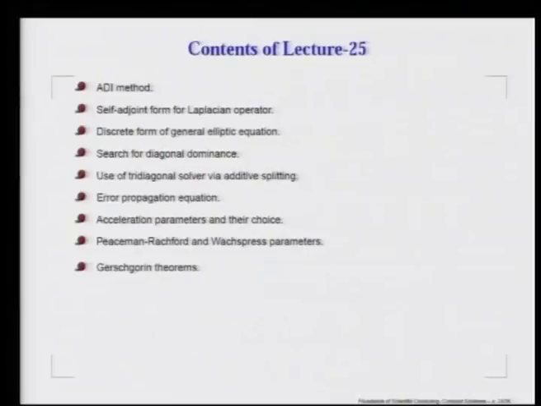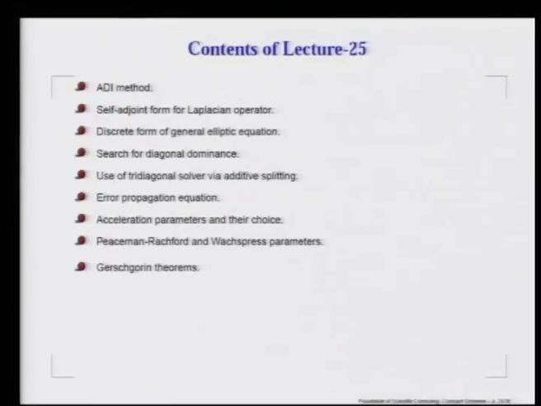We notice that it requires discretizing the Laplacian operator, and we will identify that this Laplacian operator is best discretized by casting it in a self adjoint form. Once we have this discrete form of the general elliptic equation, we show that the self adjoint form actually leads us to a diagonally dominant matrix.